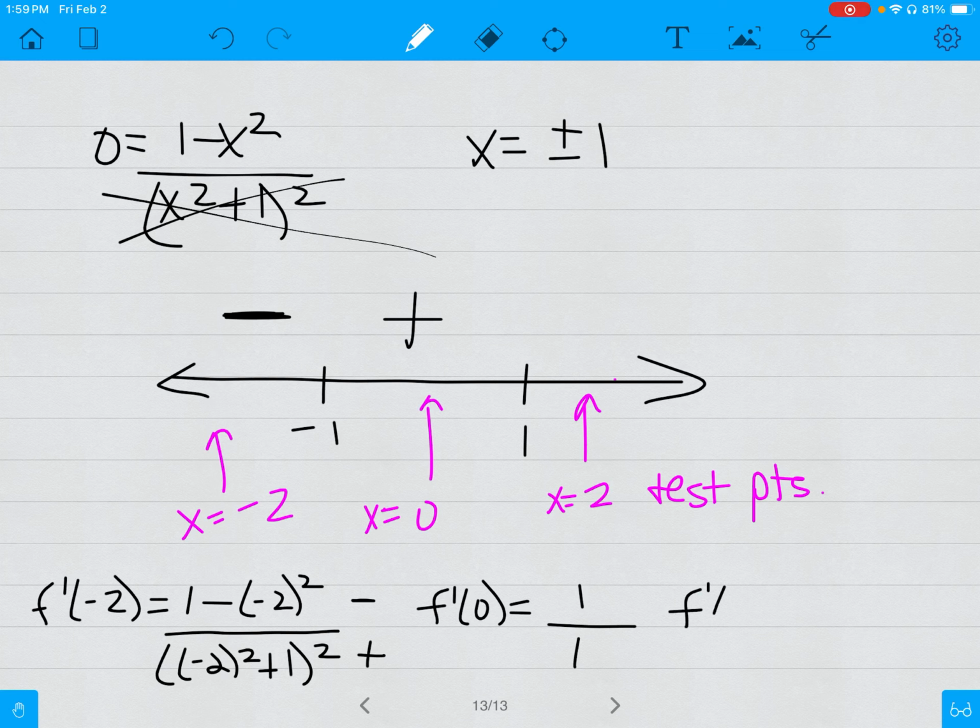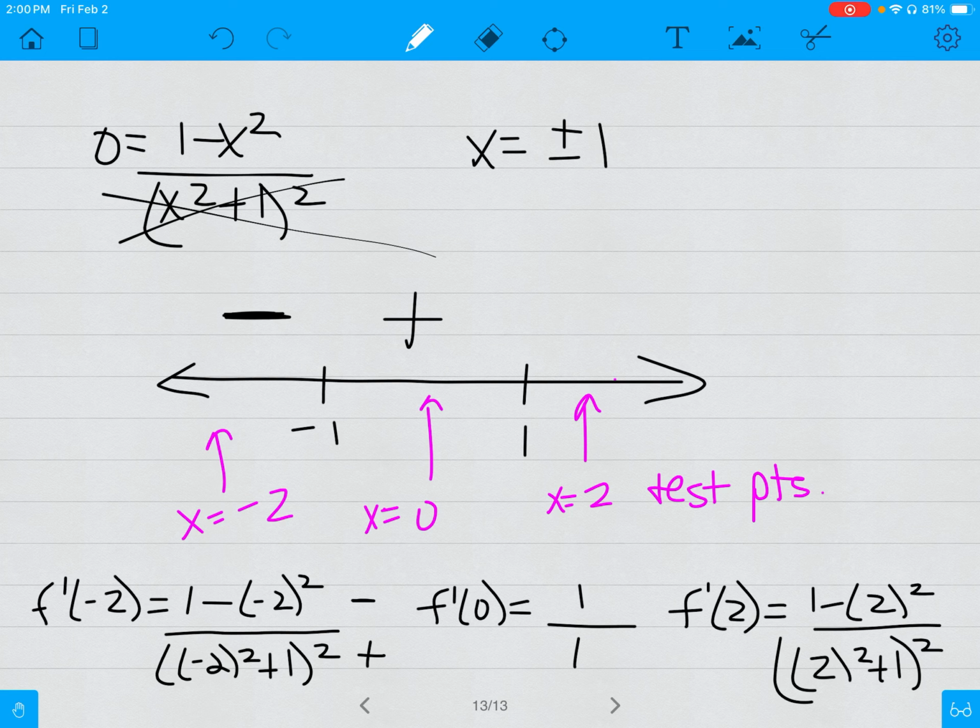And then if I want to find f prime of 2, 1 minus 2 squared over 2 squared plus 1 squared. And you'll notice sign-wise, this is going to work out exactly the same as f prime of negative 2. It's going to be negative in the numerator, positive in the denominator. Negative over positive is negative.